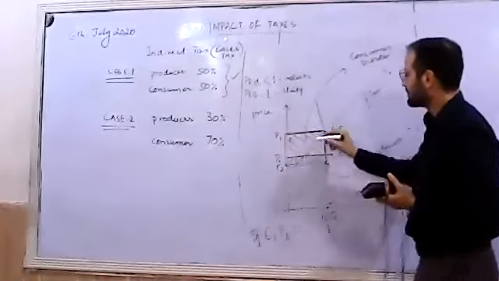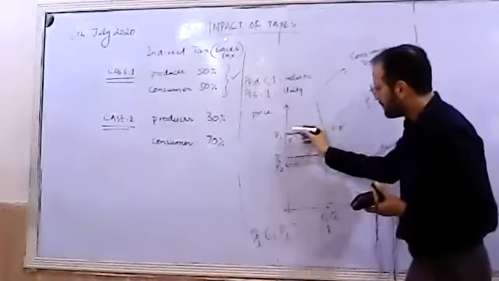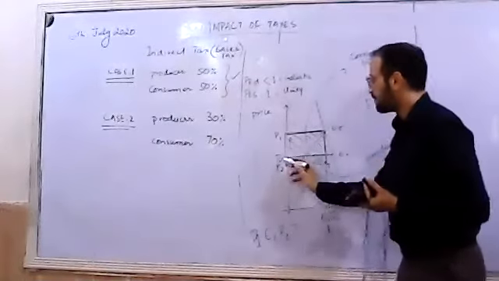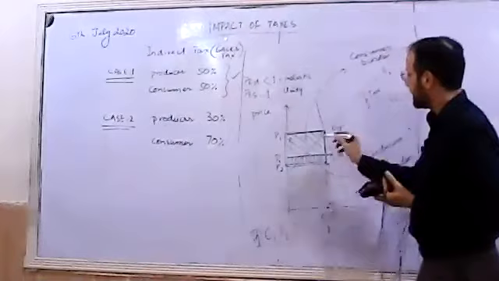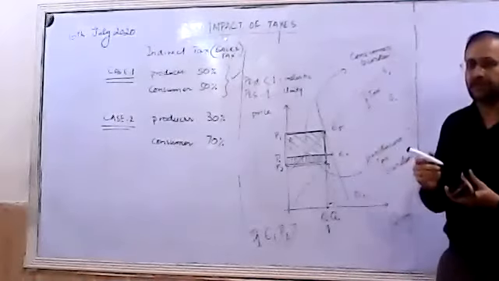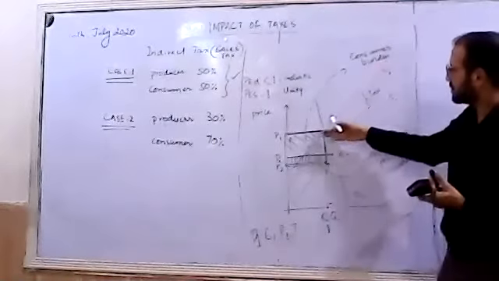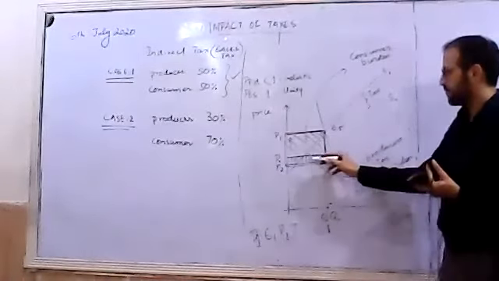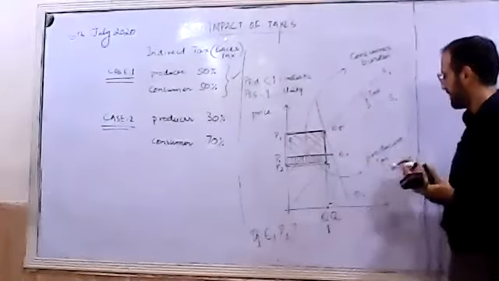Out of this total tax area, the part above the original price, P naught, is going to be paid by the consumer, and that is considered the consumer burden. The part below the original price is going to be paid by the producer.